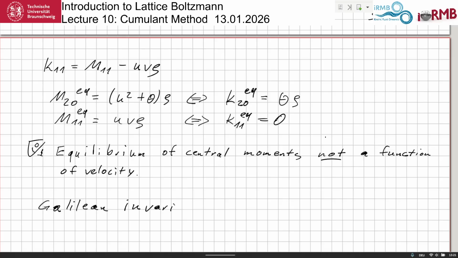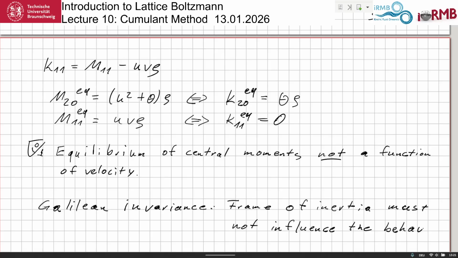Galilean invariance: the frame of inertia must not influence the behavior of the system, by which we mean the equations of motion don't change when you go to a different inertial system, but the system needs to be inertial, so it must not be under acceleration.